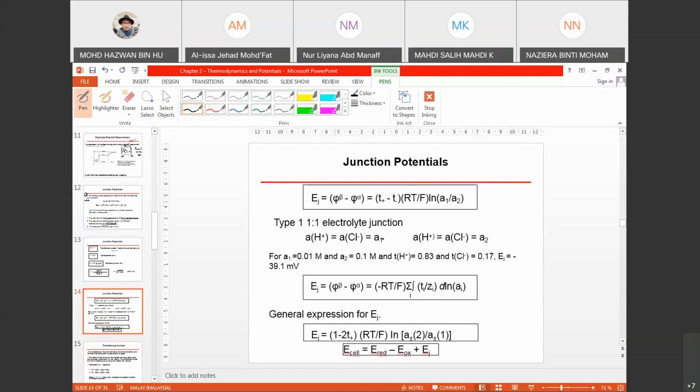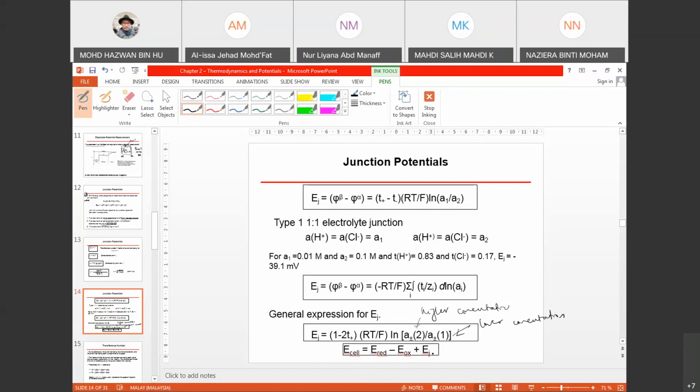A plus minus 2, A2, is the compartment that has the higher concentration, and A1 is the compartment that has the lower concentration. All right. So at the end, if you see another relation, E cell is related to the reduction potential minus the oxidation potential plus the junction potential.